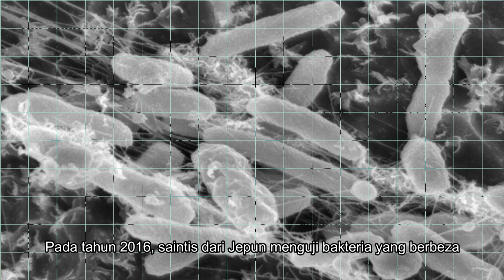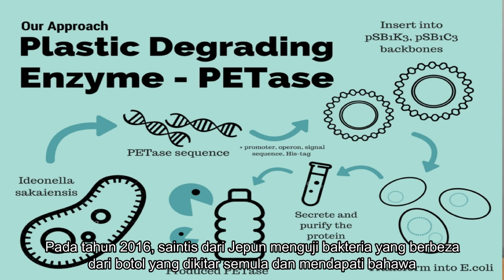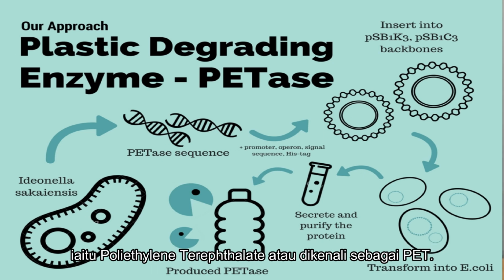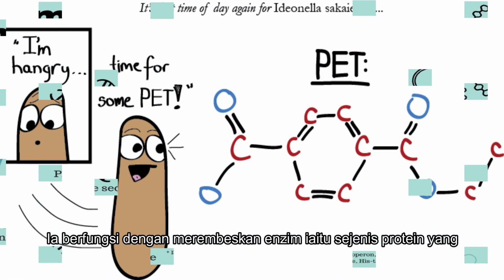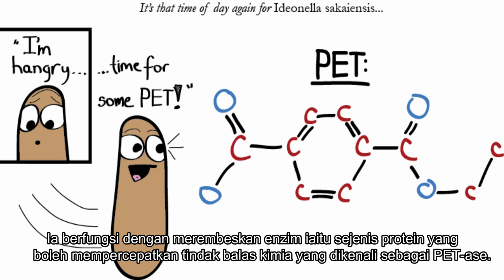In 2016, scientists from Japan tested different bacteria from a bottle recycling plant and found that Ideonella sakaiensis 201-F6 could digest the plastic used to make single-use drink bottles, polyethylene terephthalate, also known as PET. It works by secreting an enzyme, which is a type of protein that can speed up chemical reactions, known as PETase.